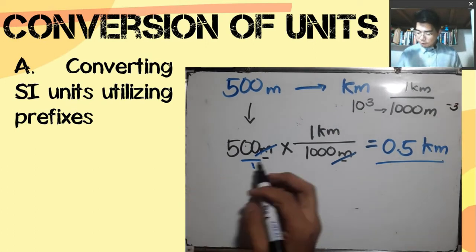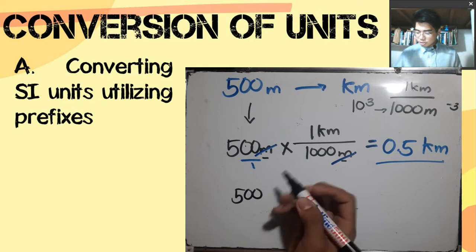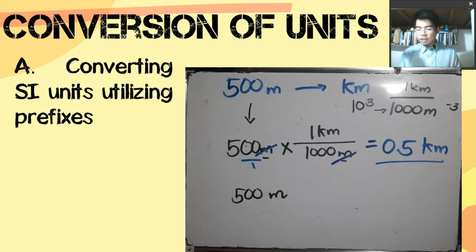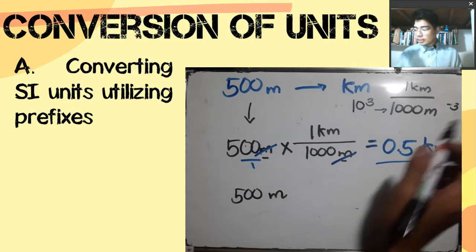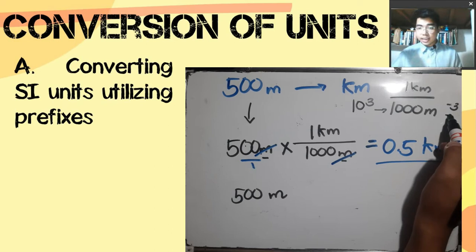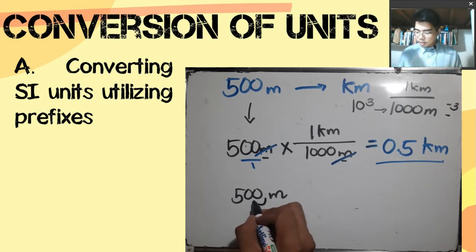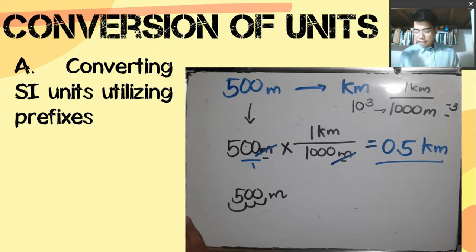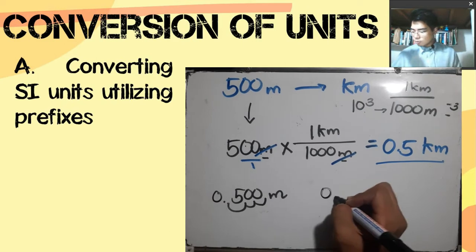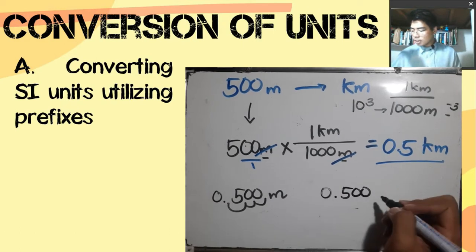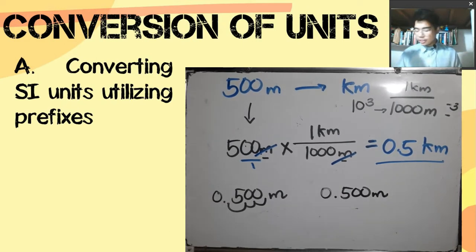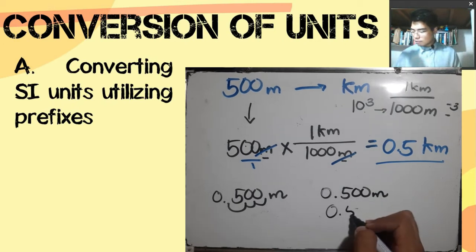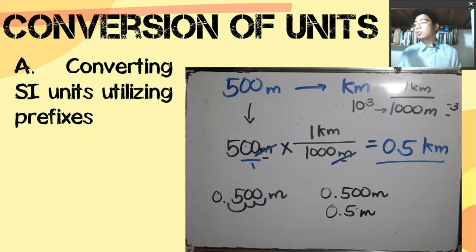That is why from 500 meters, we are going to move the decimal places, since this is negative, 3 steps from right to left, which will simply give us the place value of 0.500 meters, or simply known as 0.5 meters if you're going to round it off.